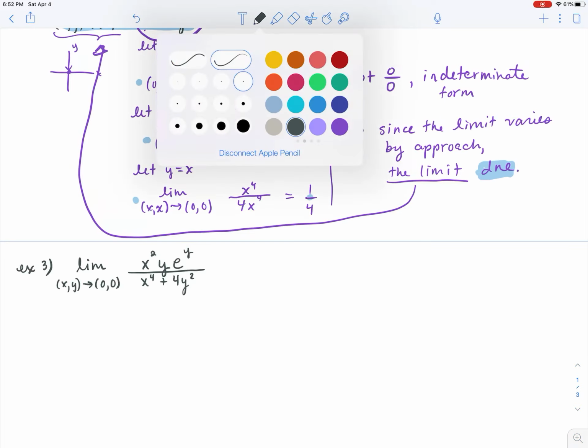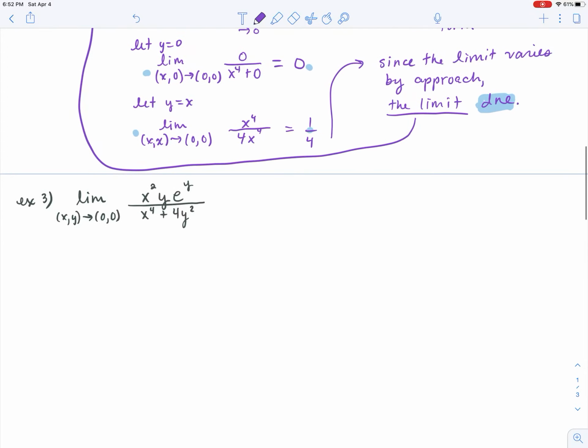So if we let x equal 0, then we've got the limit as y approaches 0. If I'm letting x be 0, then I'm going to have 0 over 4y squared, which is 0.